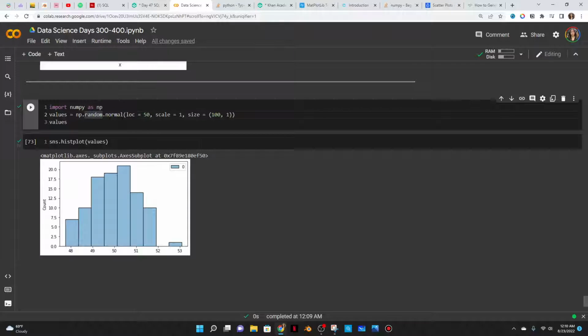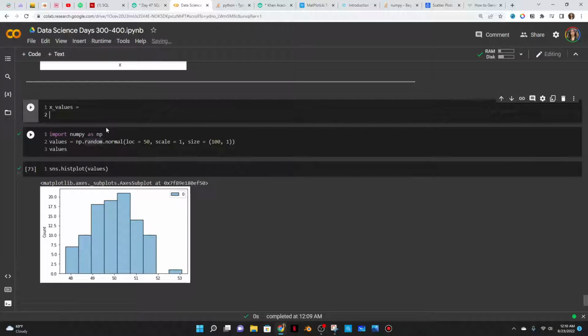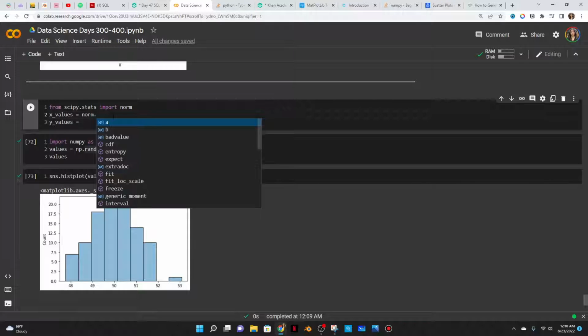And so the scatter plot was just like an extension of what I needed. And then another way I can get the curve for this, if I wanted to plot the curve, I could do x values, y values. X values would be, well, that is if I did from scipy.stats import norm, and then I did norm... no, this would be np.len.